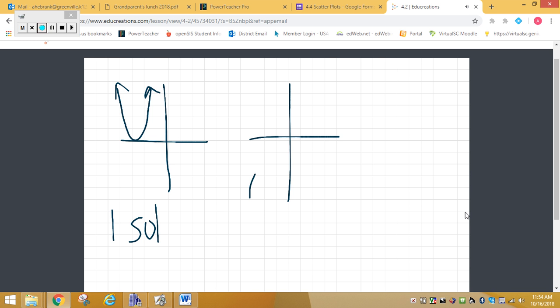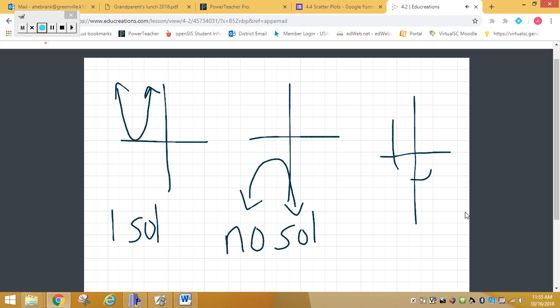If it never touches your x-axis, that means there are no solutions. There's no x-intercepts. And if it crosses twice, that means there are two solutions. Now with quadratics, these are your only options. It's never going to touch 3 or 4 or 5 or 6 times. With quadratics, it'll either touch never, once, or twice. Those are the only options you could have.